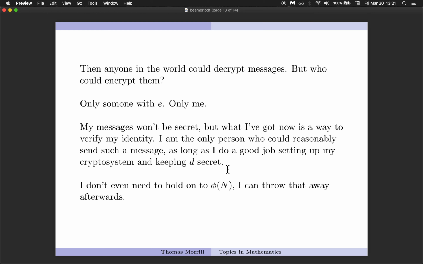I'll make sure to put the date on it as well, and I'll encrypt it using my secret encryption key, E. Then I can send that statement to my bank, or to a store, and they can decrypt it because they have my decryption key. They decrypt it, and it says Thomas Morrill authorizes such and such.